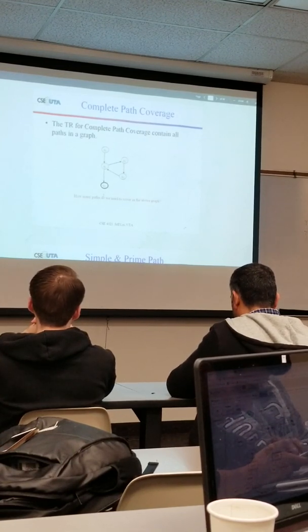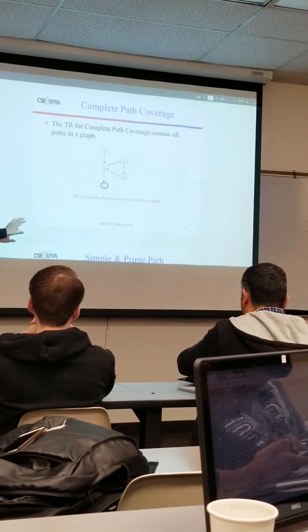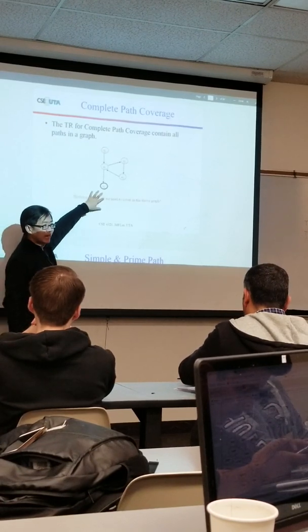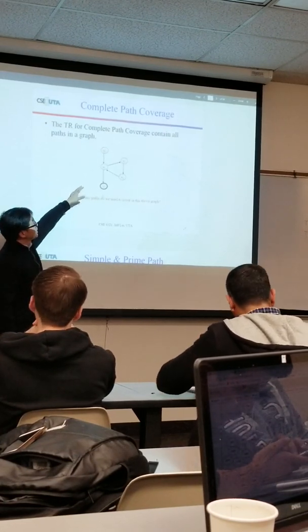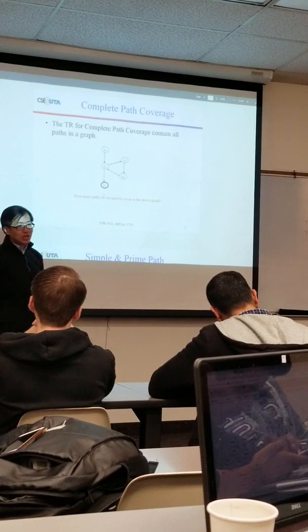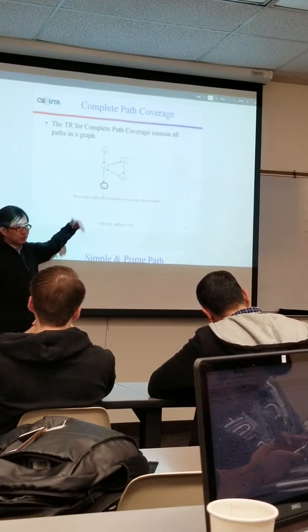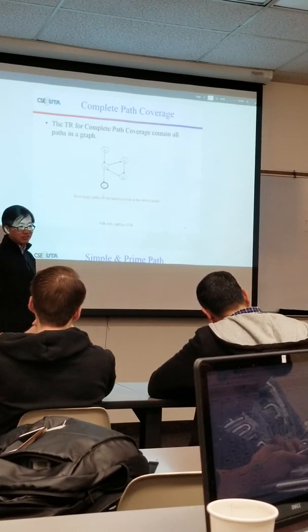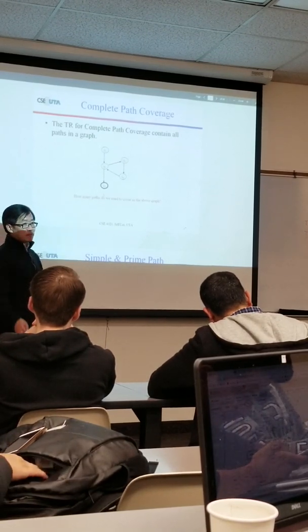Would this work when we actually do this in practice? If you look at this graph, as you can imagine, it's like a loop structure. You have a loop that could be executed for I don't know how many times.